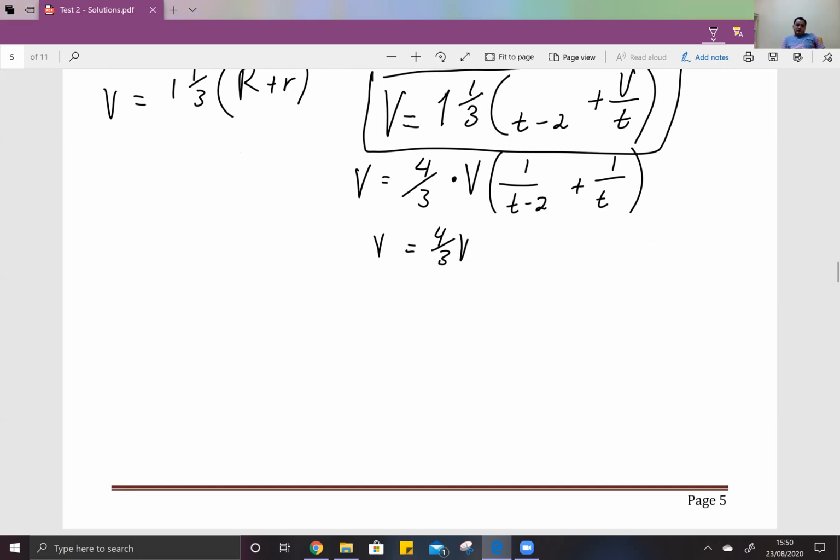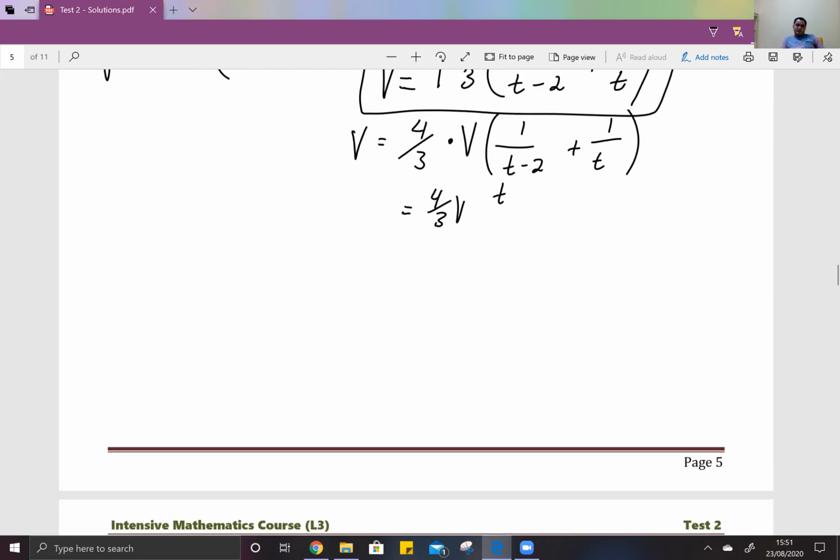Well, why are you writing V again and again? Just cancel it out and multiply both sides by 3 over 4V. So 1 over T minus 2 plus 1 over T equals 3 over 4, right?